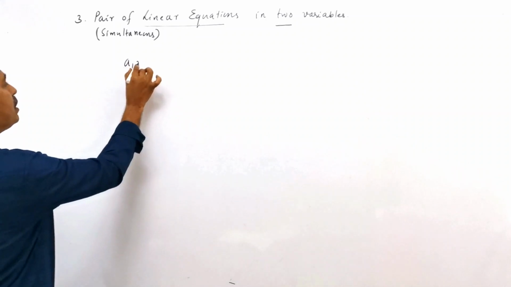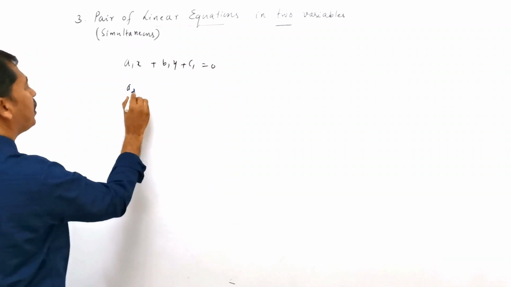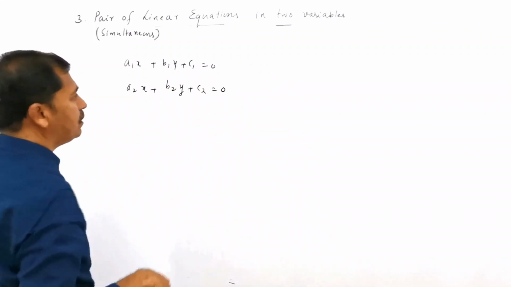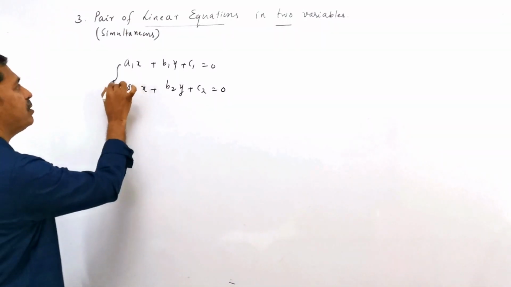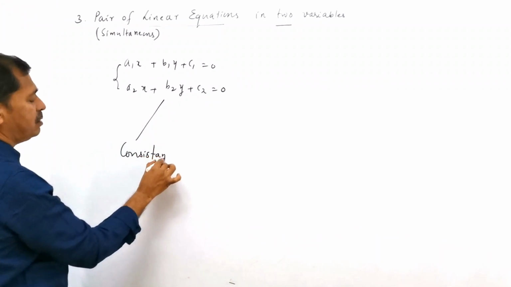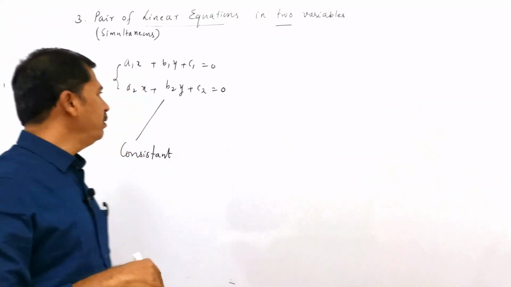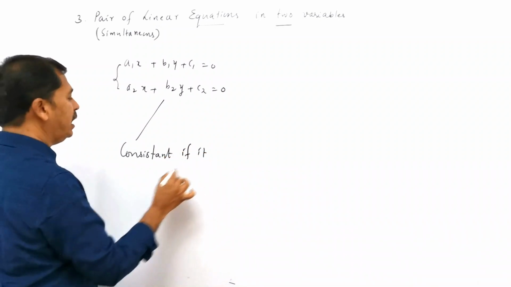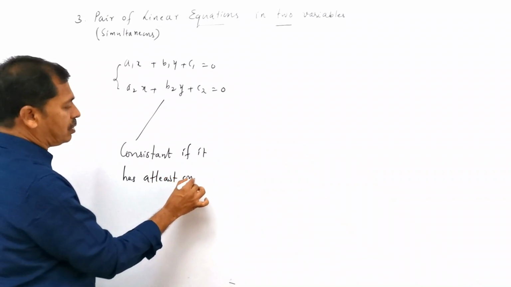If you take these two equations, a1x plus b1y plus c1 equal to 0 and a2x plus b2y plus c2 is equal to 0, this system of equations put together is said to be a consistent system only if it has at least one solution.